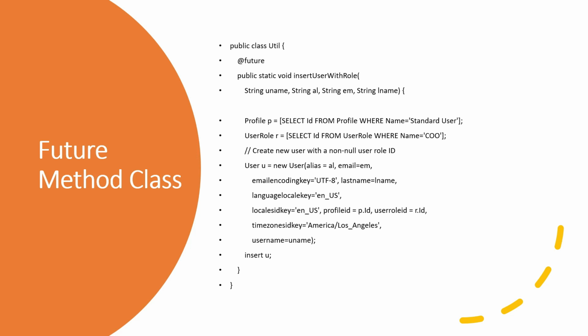String username, string alias, string email. Basically we have given uname, alias, and last name. And in this method, we are querying the database, selecting Id from Profile where name is Standard User and storing it into the Profile object, and p is the variable.